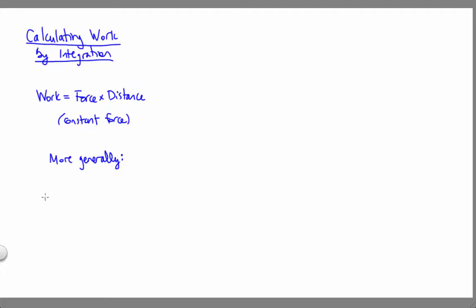More generally, we could say the following. Work is the integral of force times distance, where one of these two expressions involves the differential dx and where we've got appropriate limits of integration, so integrating from a to b.